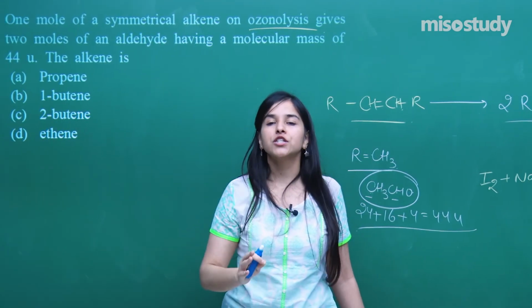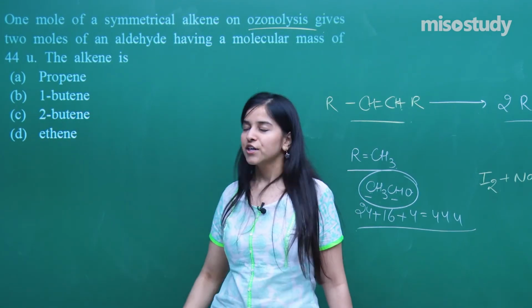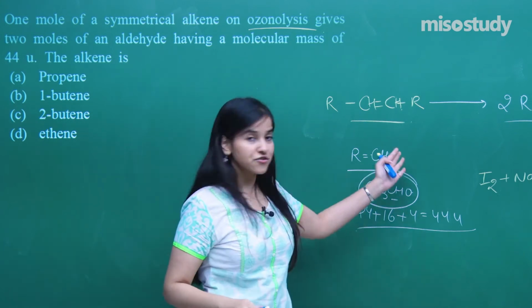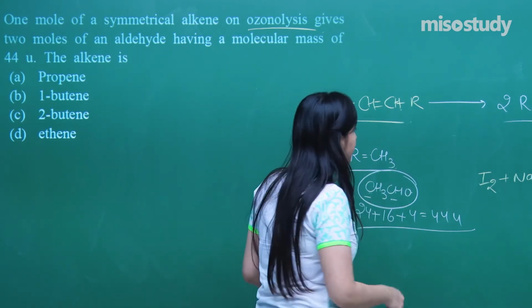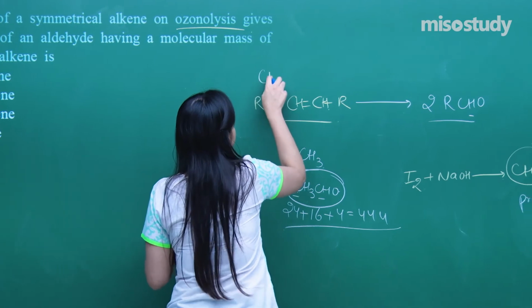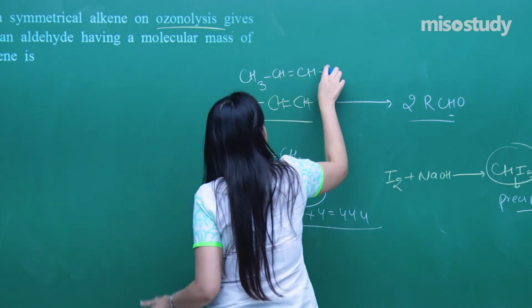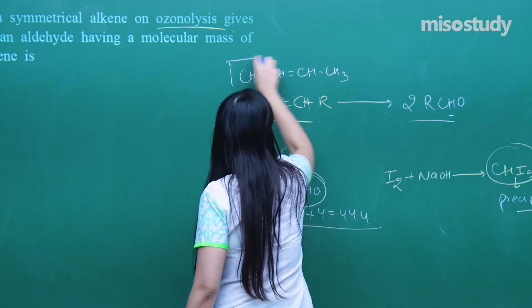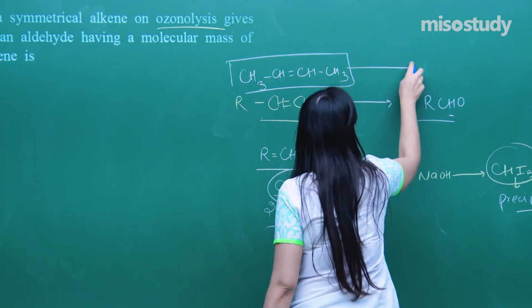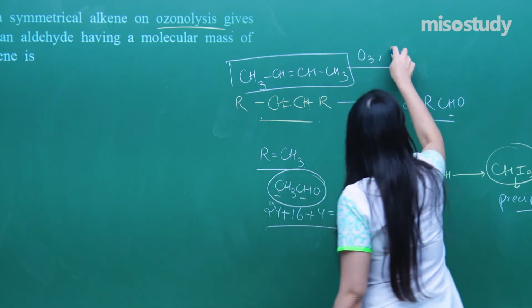Even if you do not know the ozonolysis reaction, you get your answer just by hit and trial method. Here R will be methyl and we get our answer. But let us just perform the reaction here in order to have an idea.